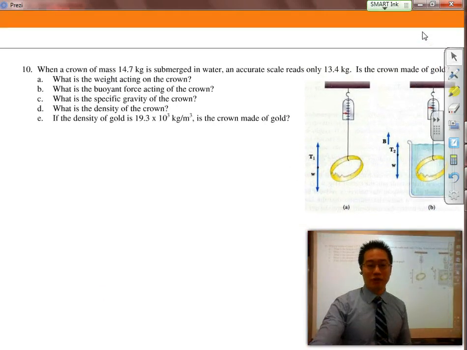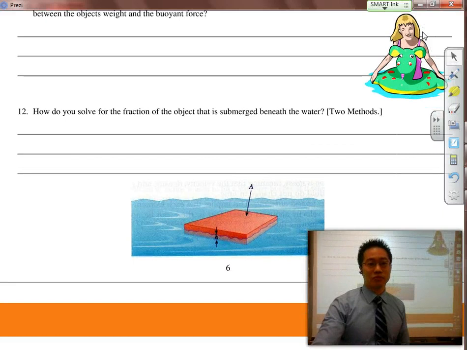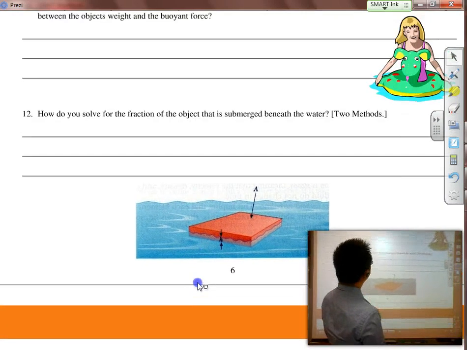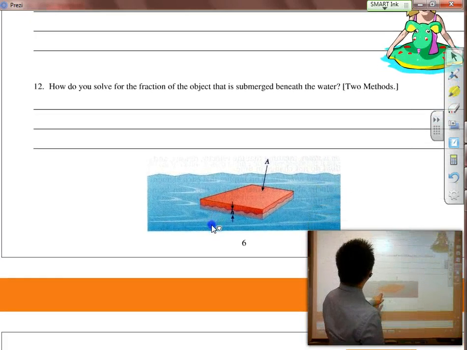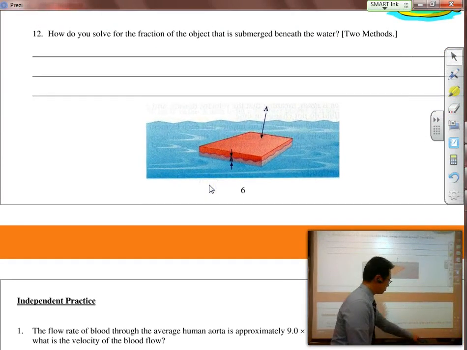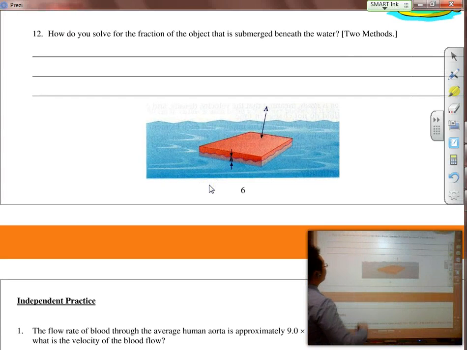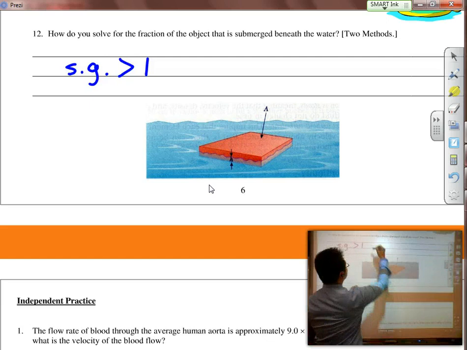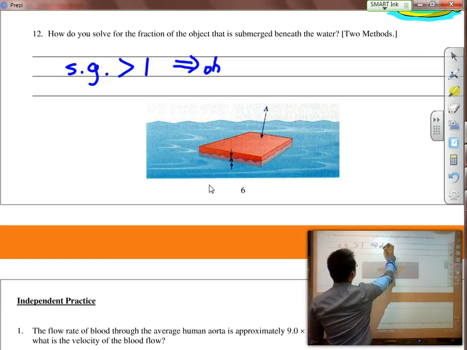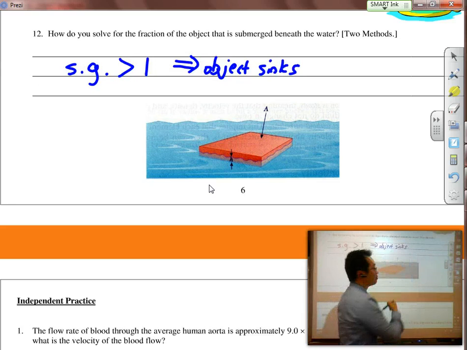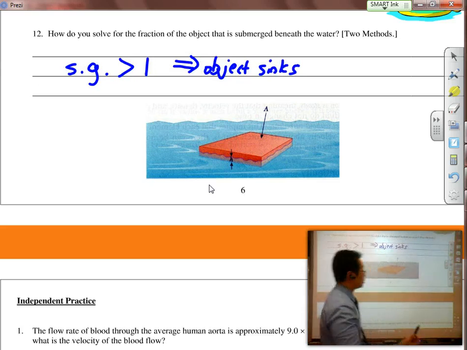However, specific gravity can also be used in another way. If the specific gravity is greater than 1, we already said that the object is going to sink. But if the specific gravity is less than 1, it's going to float.